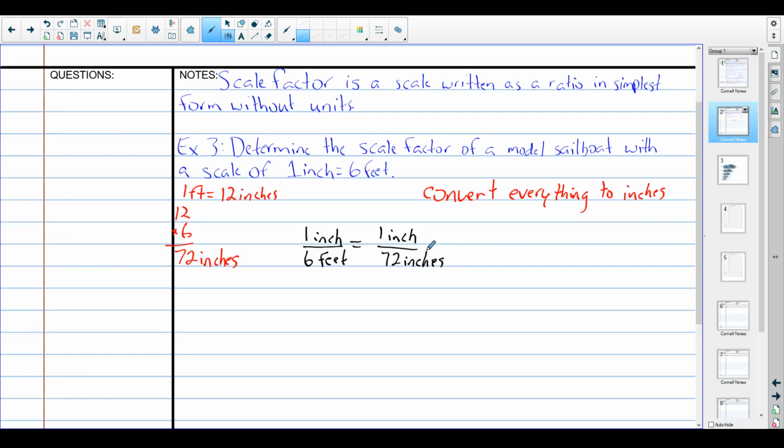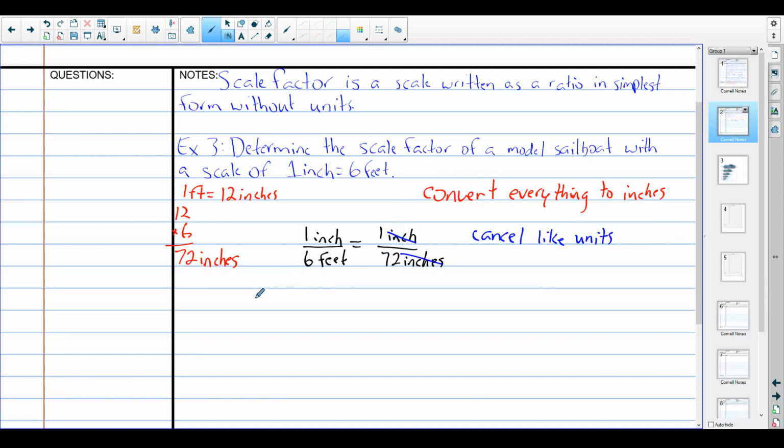inches. And the reason we do this is because we want to write it without units. And if we have inches divided by inches, we can cancel like units.